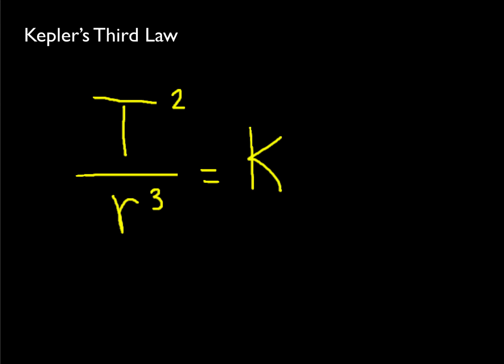Kepler's third law is more mathematical. It's a formula. It's t squared over r cubed equals k, where t is the orbital period, how long the planet or moon takes to orbit around the object. R is the average radius of the orbit.